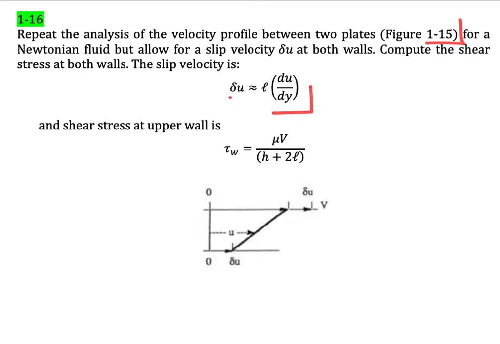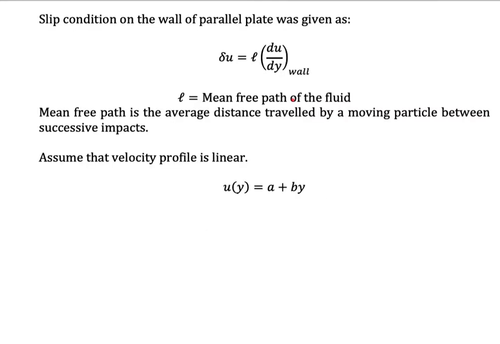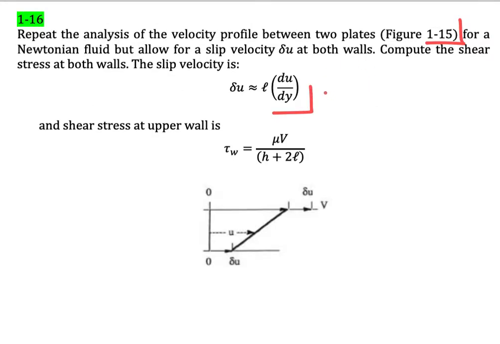So we assume that delta U can be assumed as L du/dy, where L is the mean free path of the fluid. So the idea of delta U is actually the movement of the fluid at that slip velocity. And then this is the equation, and then the shear stress at upper wall is tau = mu V over h plus 2L. So it is given in the question. So let's use this one.